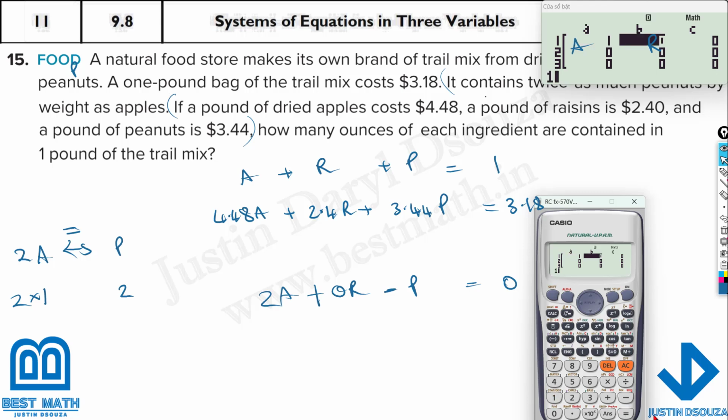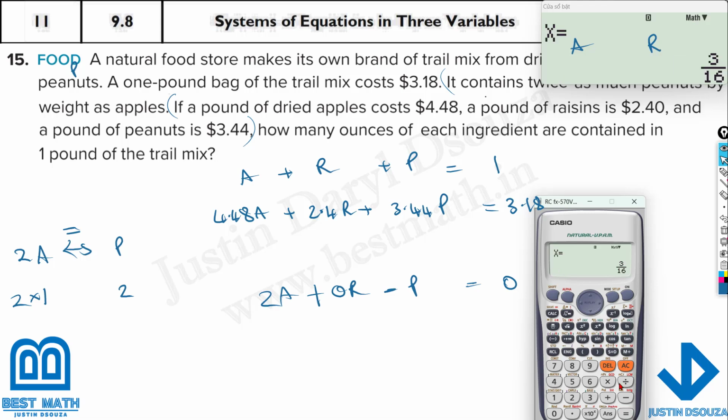It's 1, 1, 1, and 1. That was an easy equation. Now here we have 4.48, 2.4, and lastly we have 3.44, and the constant value is 3.18. Another equation is 2, 0, and minus 1, that will be equal to 0.